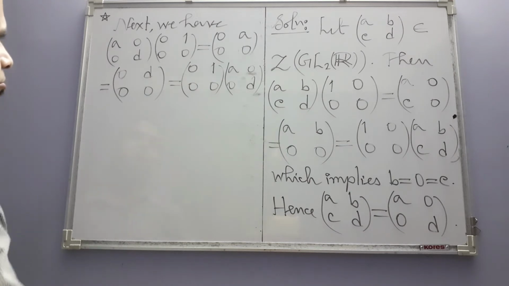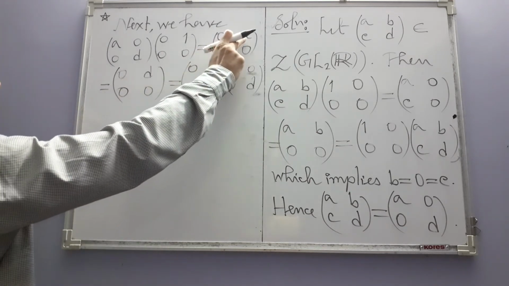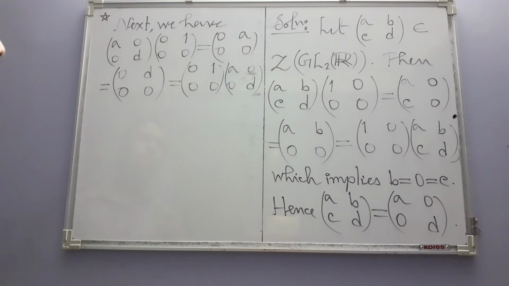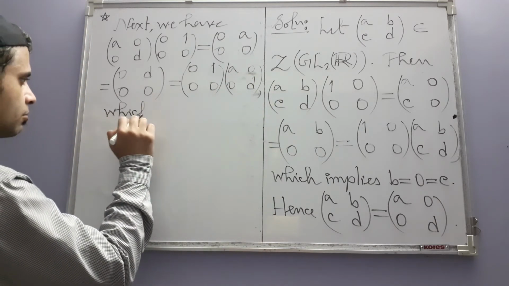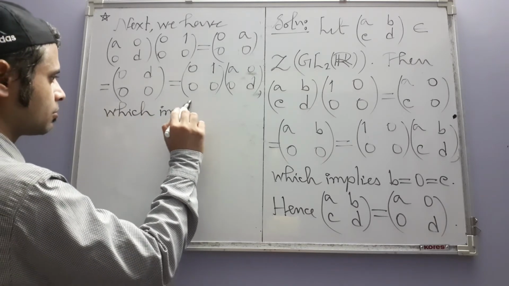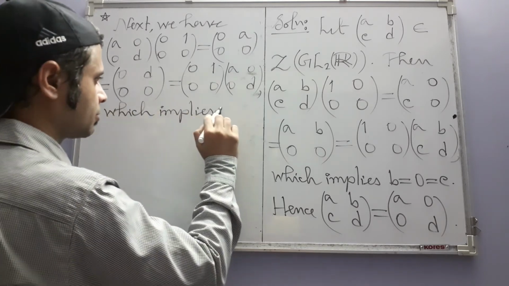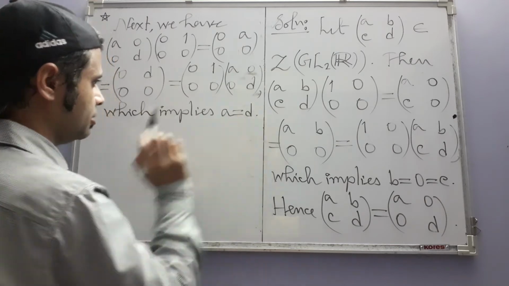Okay, now from this equality we can directly see that A should be equal to D, which implies A is equal to D.